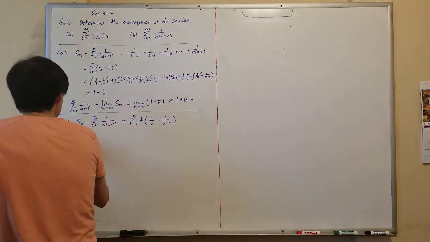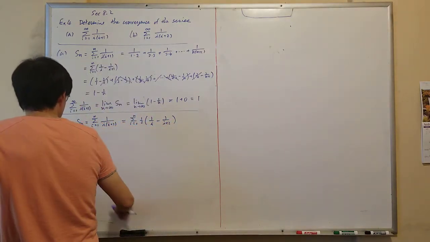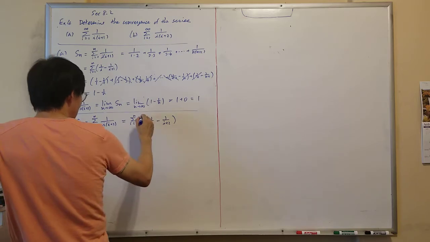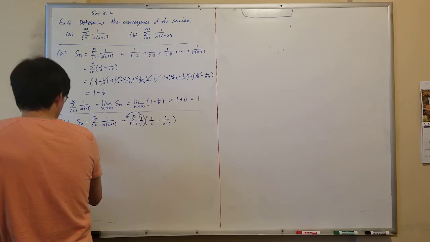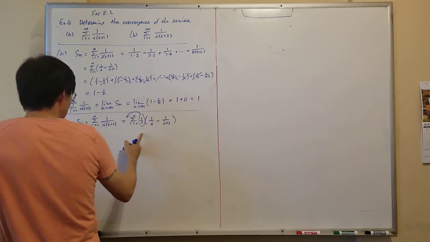So this is, you can take 1/2 out of the sigma. Equals 1/2. Alright?